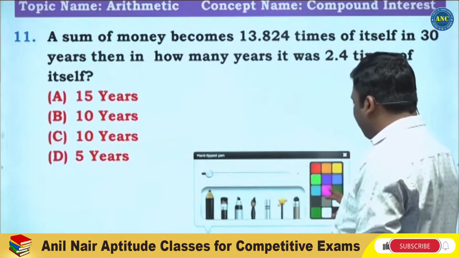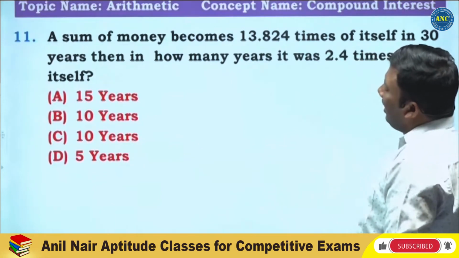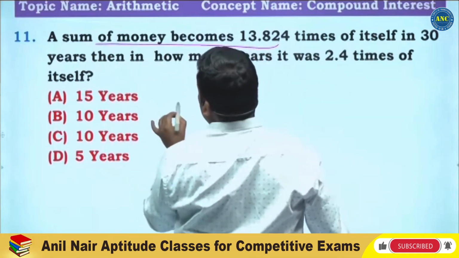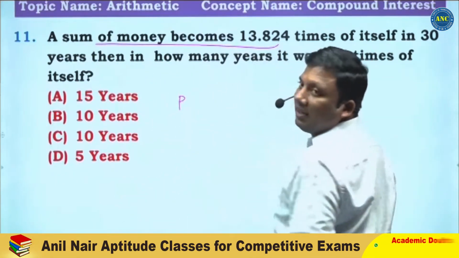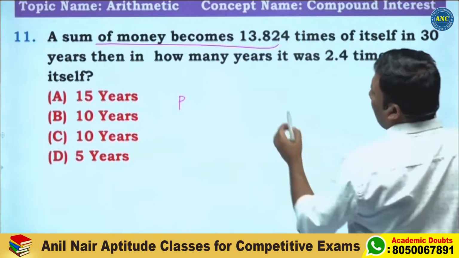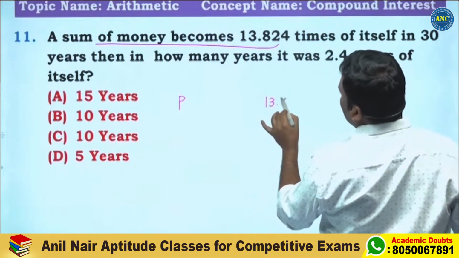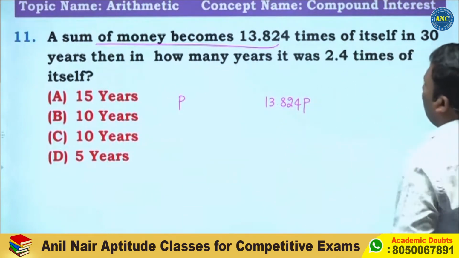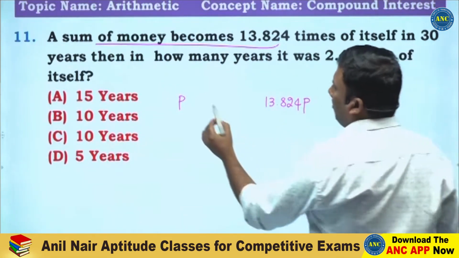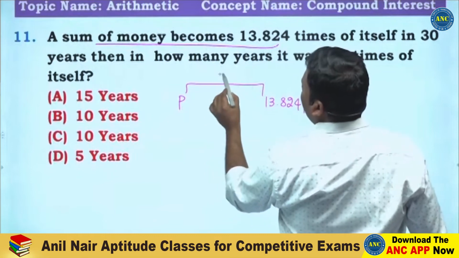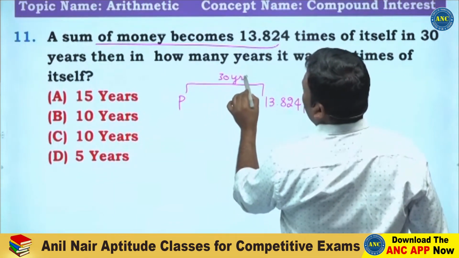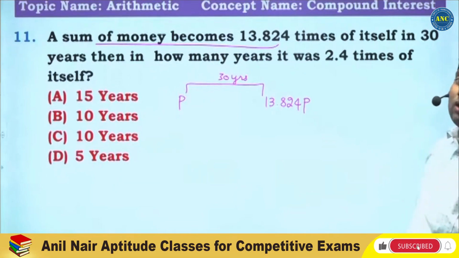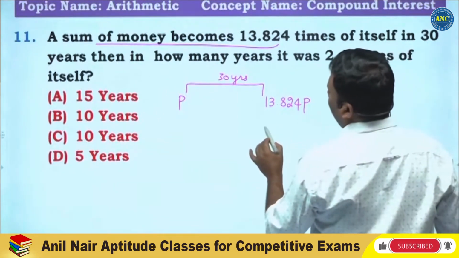Please see this question. A certain sum of money, if it is P, is becoming 13.824 times in 30 years. In how many years will it become 2.4 times of principal?